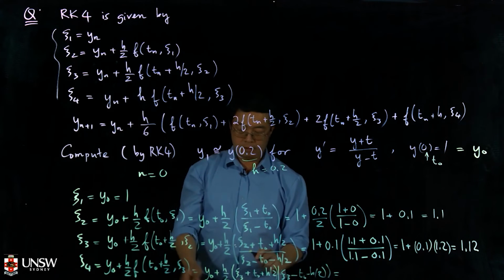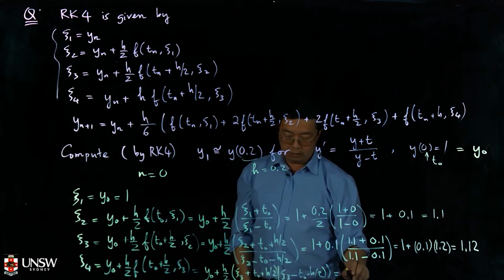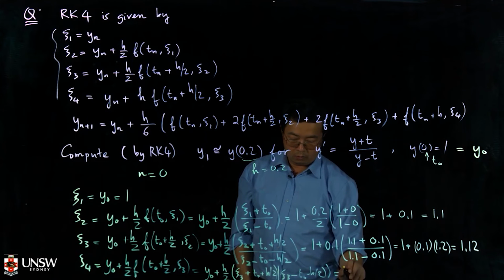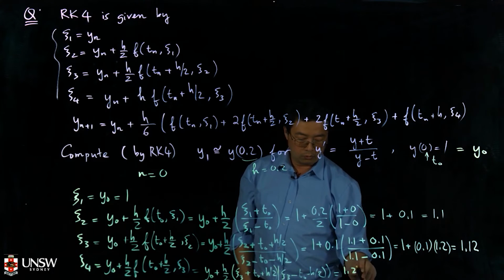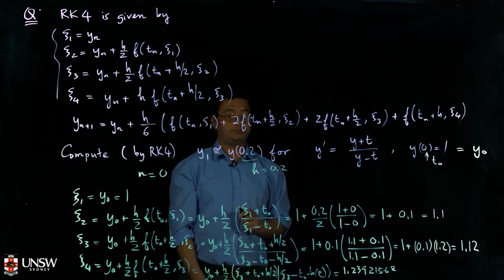You plug in all the numbers, then you get xi4 will equal 1.2392158. You can put it in the calculator.